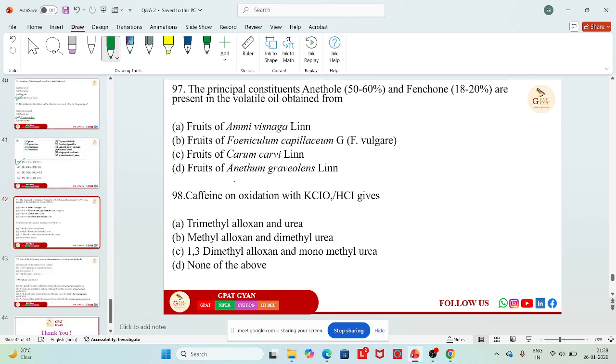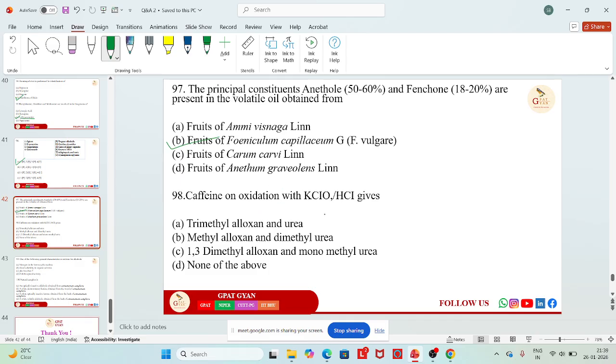So A is the right option. Next, the principal constituents anethole and fenchone are present in the volatile oil obtained from, very easy, this is not even a GPAT question. Fruits of Foeniculum vulgare, option B, fenchone and anethole.